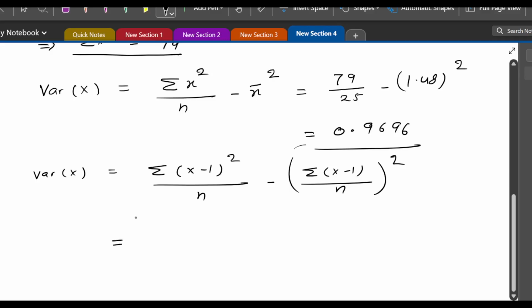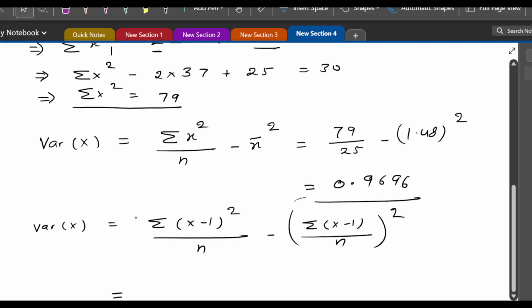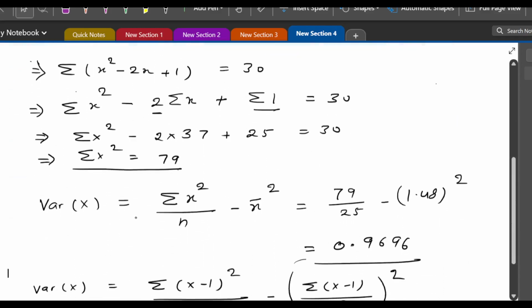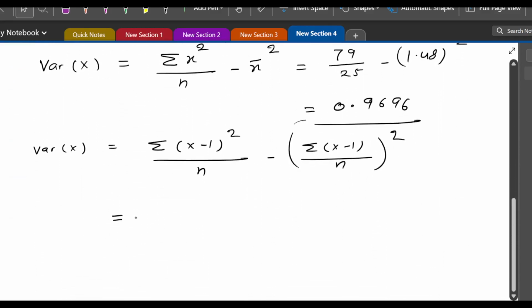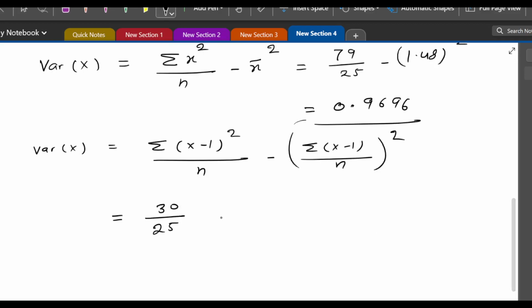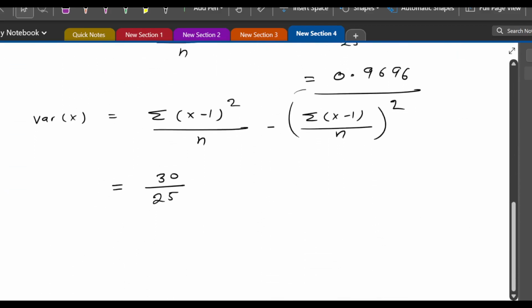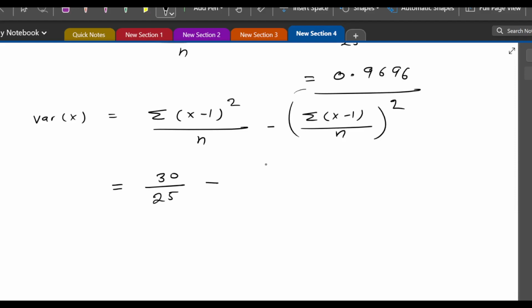So, here this is equal to summation of x minus 1 the whole square. If we see in the problem, it is given 30 and 12. So it's 30 divided by 25, the total number of games being 25, minus summation of x minus 1, which is 12, so 12 divided by 25, the whole square.